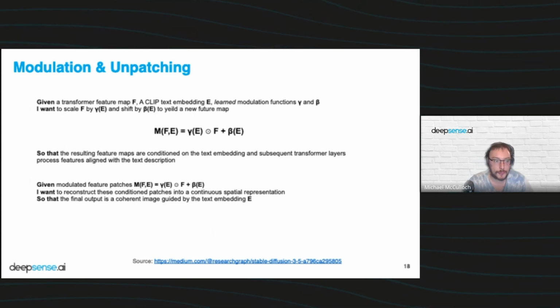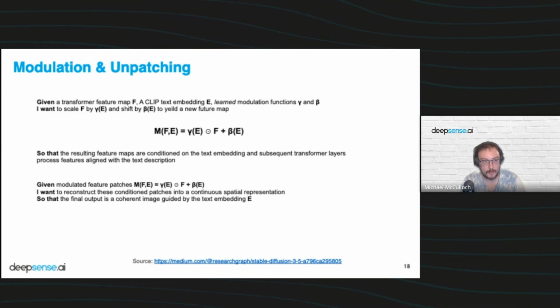The description of the construction of feature maps is one of those things that can really only be explained mathematically. And this equation that I've got bolded on the screen just says that the new feature map is produced by taking the embedding space, scaling your old feature map by that through element-wise multiplication, and then shifting it over a bit.